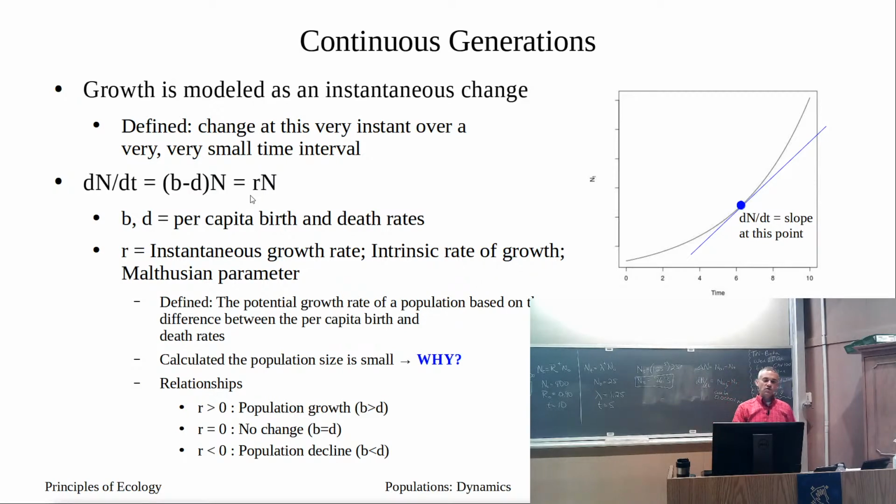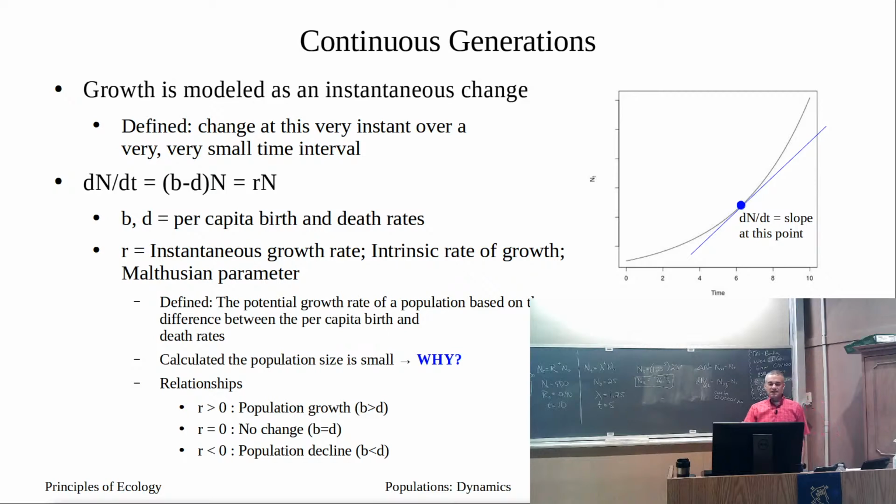All right? r is going to be our instantaneous growth rate. It's also called the intrinsic rate of growth. It's also called the Malthusian parameter. This r tells us the potential growth rate of a population based on the difference between our per capita birth rates and death rates. All right? It's going to tell us the potential for our population to grow or decline.